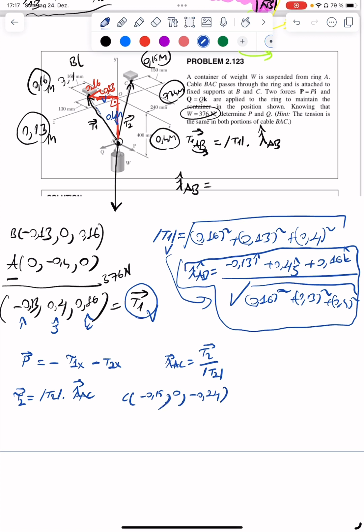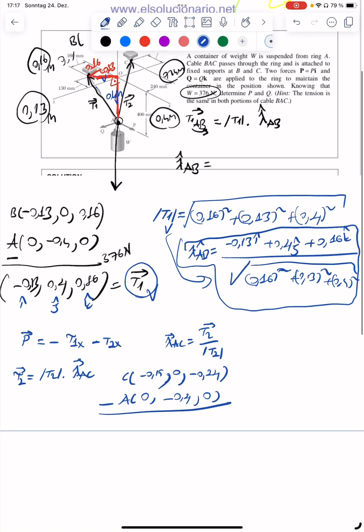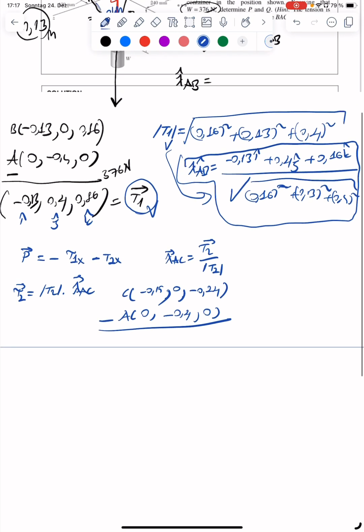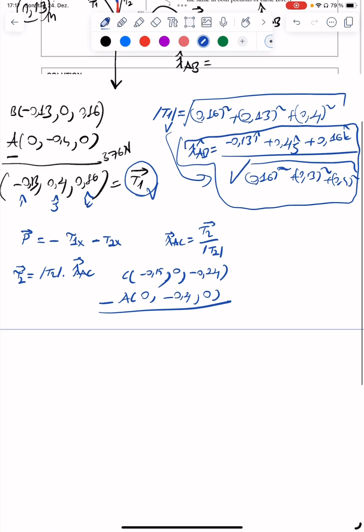And A is the same, 0 minus 0 for 0, and I did the same thing, so 0.15, 0.4 and 0.24.